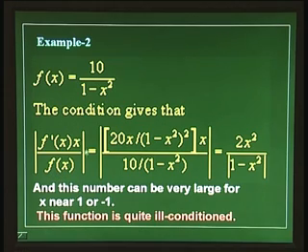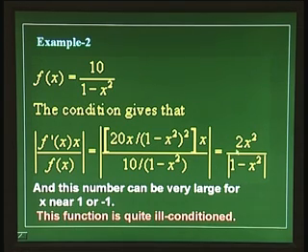That would give us 20x by (1 minus x squared) the whole squared, divided by 10 by 1 minus x squared, that is the function, the derivative and the variable x multiplied. So that gives us 2x squared divided by 1 minus x squared. Again the mod of this function: it is 2x squared divided by the mod of 1 minus x squared.